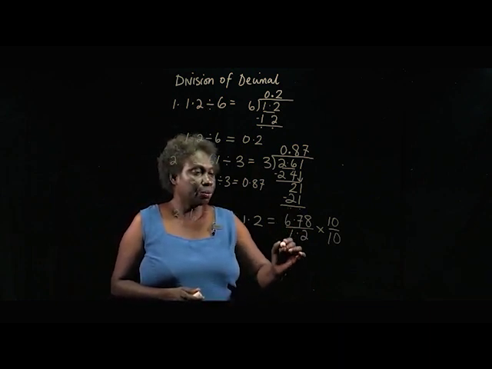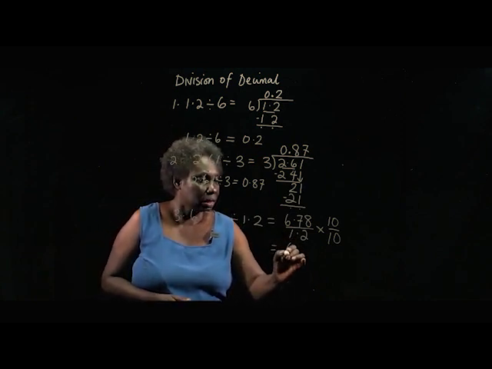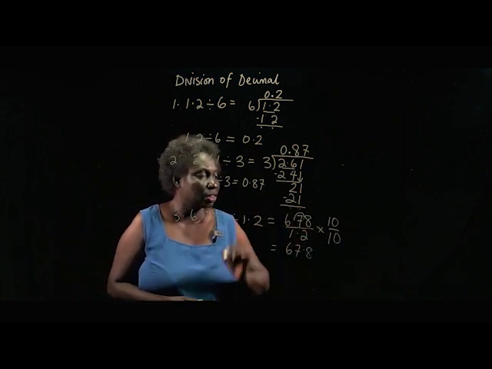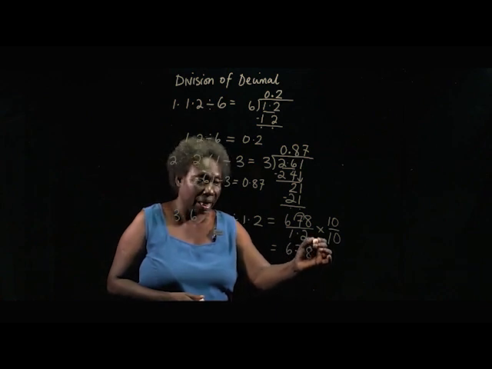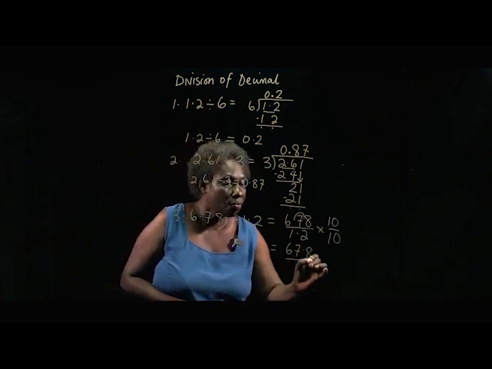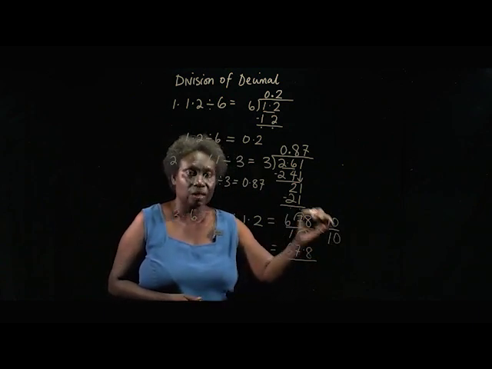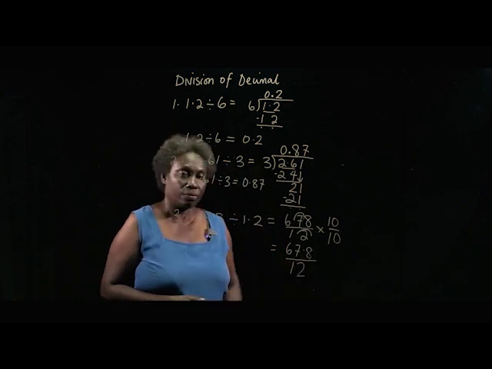So, when I do that now, I have 67.8. When I move one decimal place to the right, 6.78 now becomes 67.8 over, when I move one place to the right, when I multiply by 10, 1.2 now becomes 12.